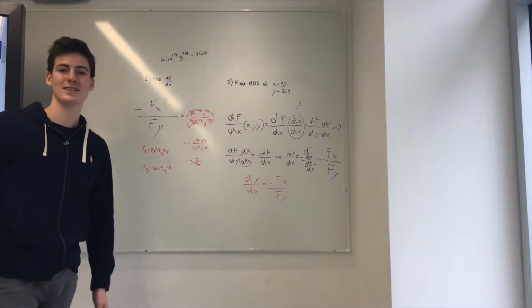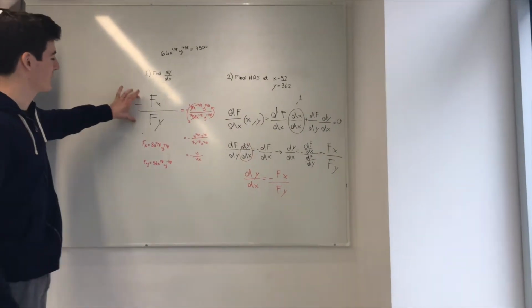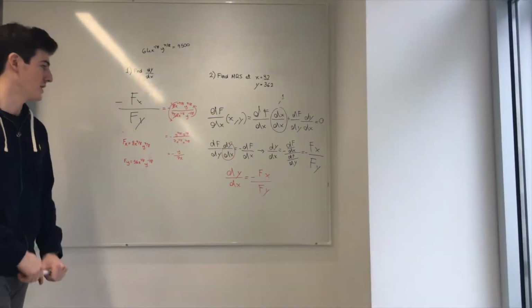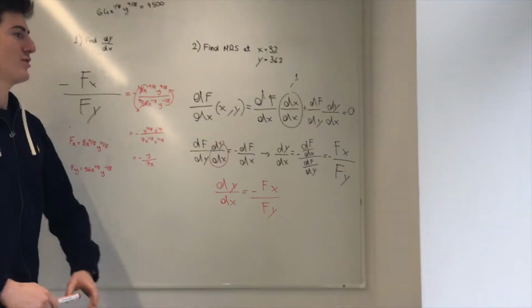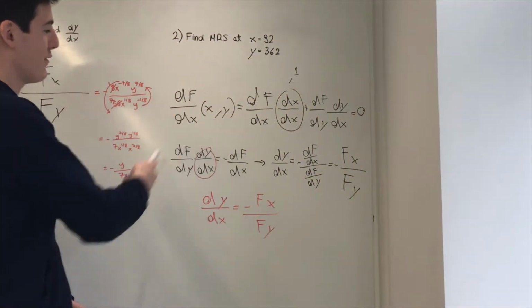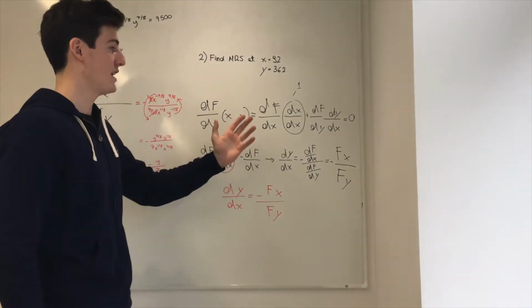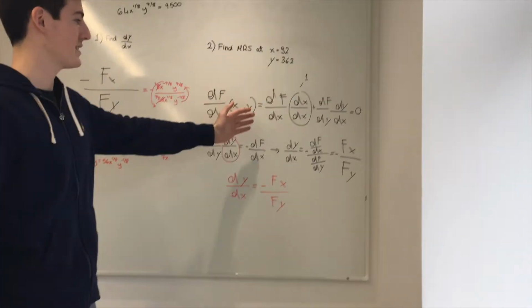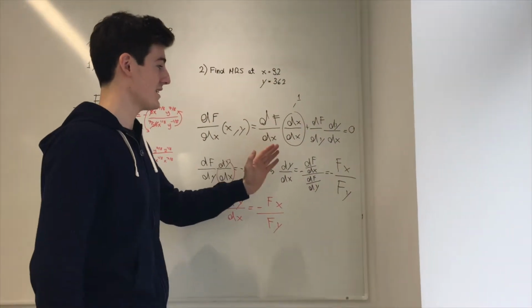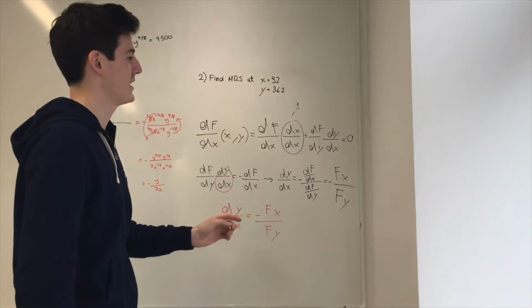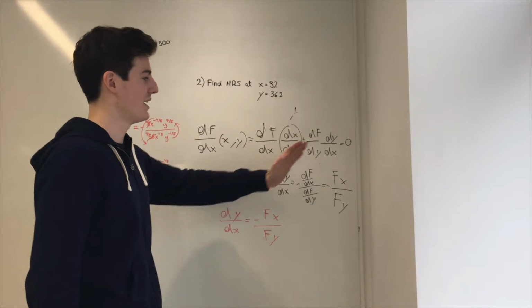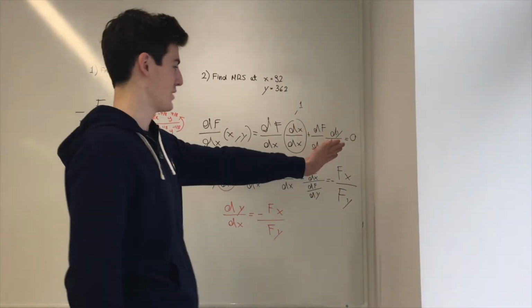However, some of your classmates asked me how we actually got this formula here, so I'm going to explain it. This formula is the simplified version of this one, which is df over dx in terms of x and y equals df over dx times dx over dx, which is 1, we'll see that later, plus df over dy times dy over dx, which is equal to 0.